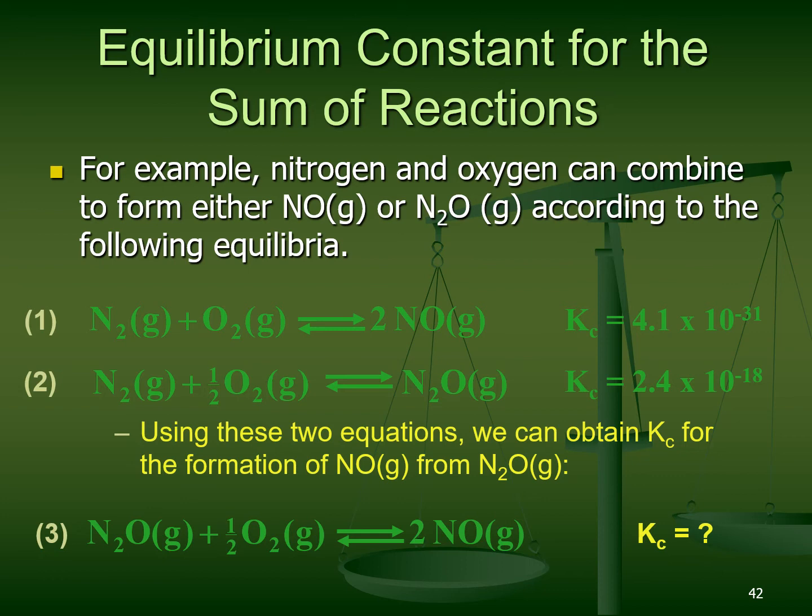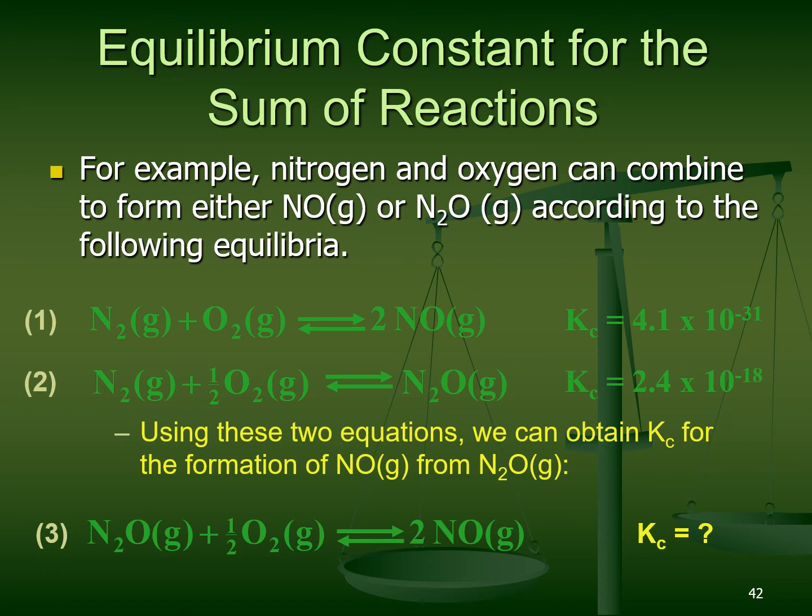If you remember Hess's law, or even if you don't, the idea is to take the first equation and line something up in the way that you want it to be. So if we look at equation number 1, N2 plus O2 gives us 2NO. In the final equation, we also want 2NO on the right.